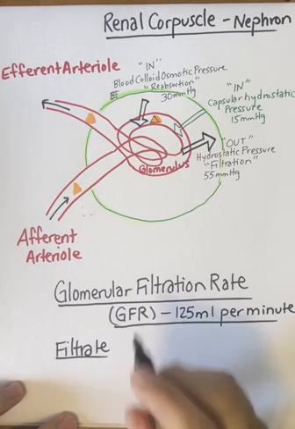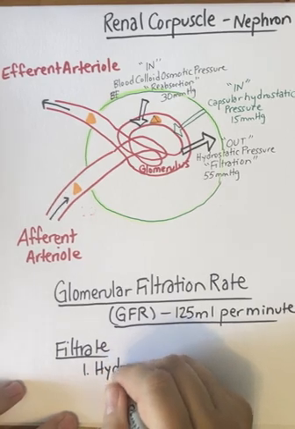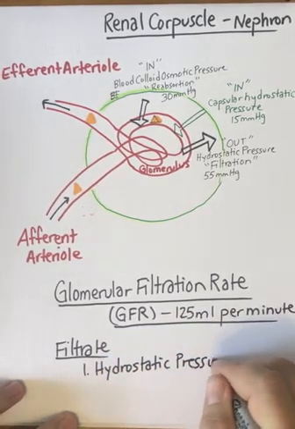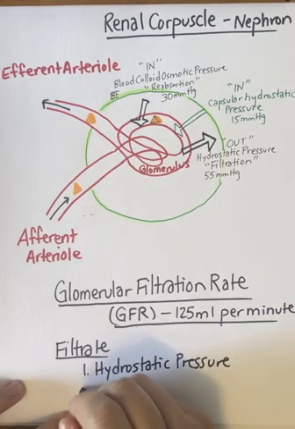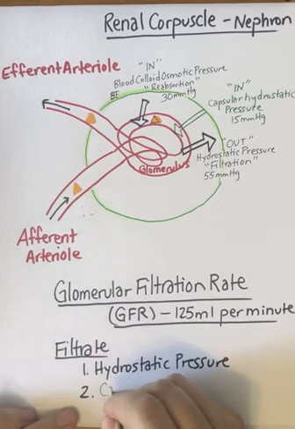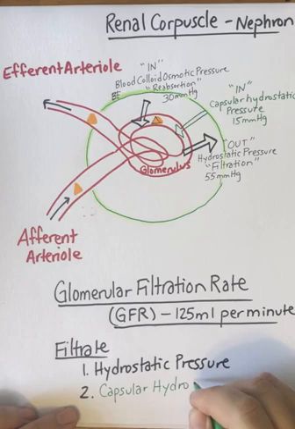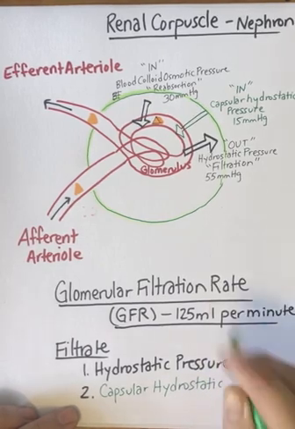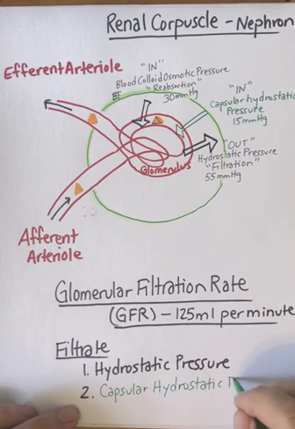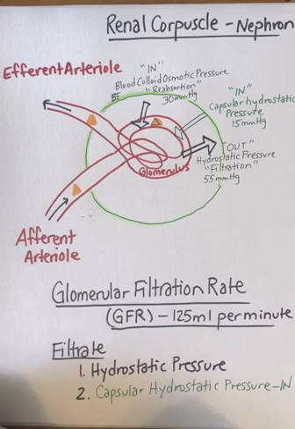You have your hydrostatic pressure that you need to understand. That forces it out. The next one is you have your capsular hydrostatic pressure, which is basically water being sprayed at a wall. It forces the water back in. So this would make it go in.